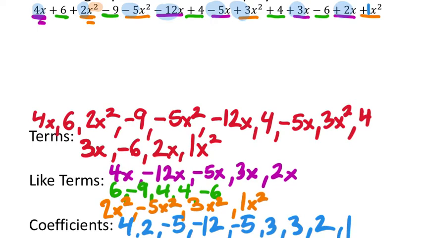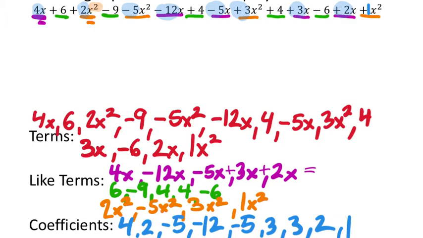So the last thing I'm going to do here is combine the like terms. So you could say in between these you have all the operations, right? So if it's positive, it's plus. If it's negative, it's minus. And then we can figure out what this would be in the end if I combined all the x's. So 4x's minus 12x's minus 5x's plus 3x's plus 2x's.